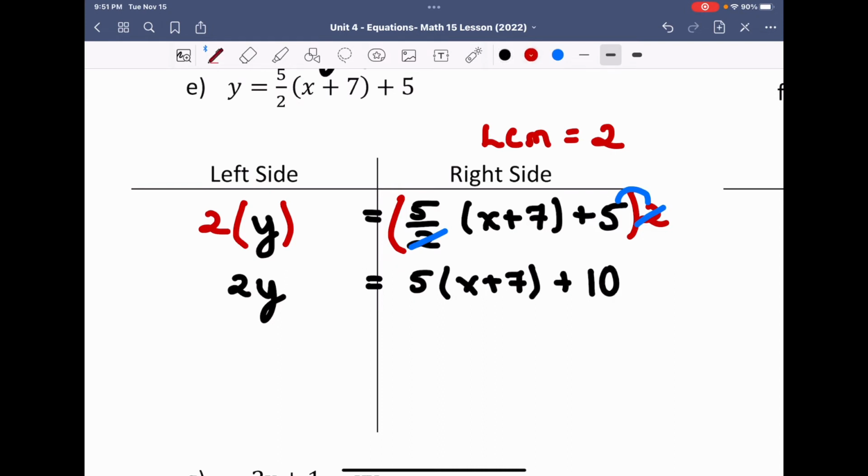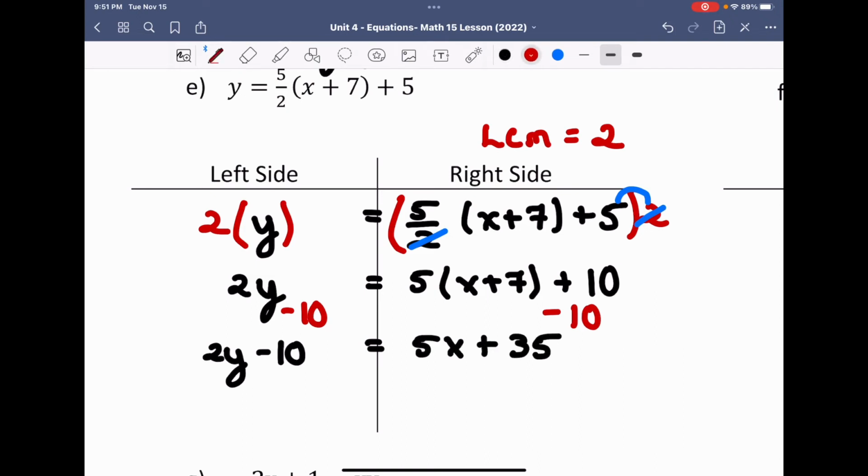If I subtract away the 10 from both sides, this becomes minus 10 minus 10. So now I have 2y minus 10 is equal to, I'm going to expand the brackets on the right-hand side, 5x plus 5 times 7, which is 35. I'll subtract away 35 from both sides, giving me 2y minus 45 is equal to 5x.